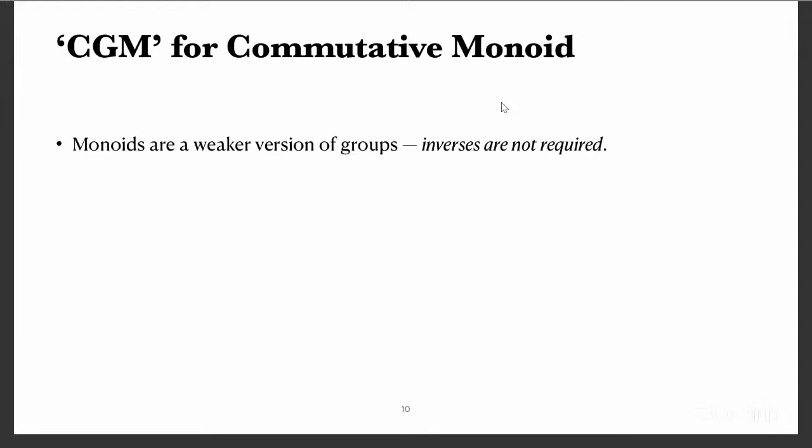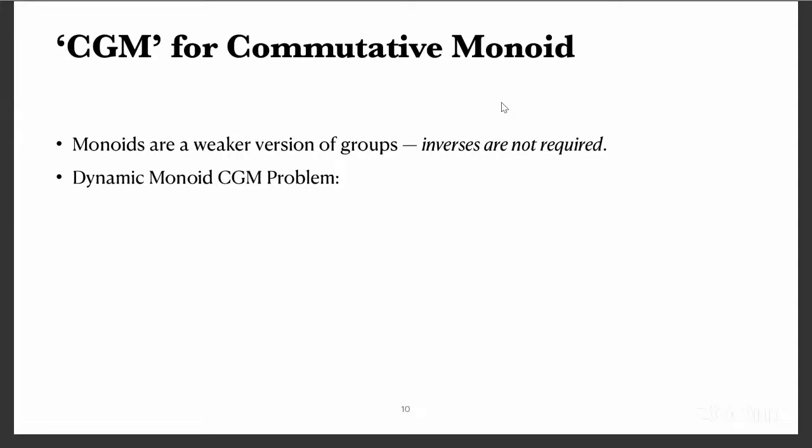So let's move on to commutative monoids. Monoids, as I said, are where you don't require inverses, and otherwise they have associativity and identity. Dynamic monoids.